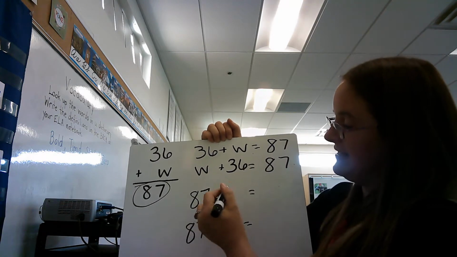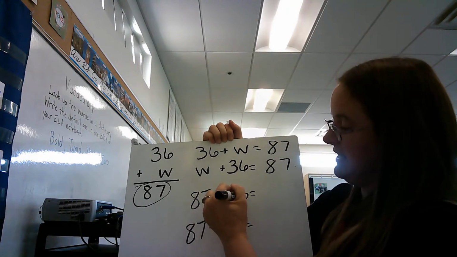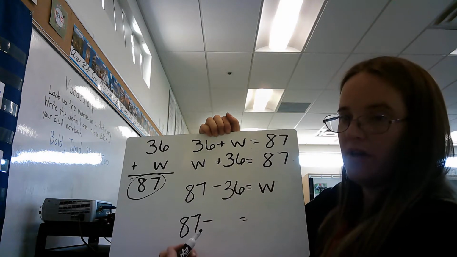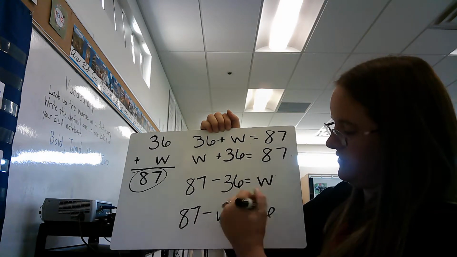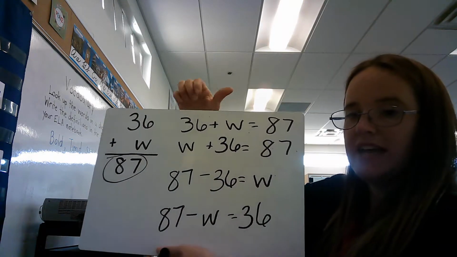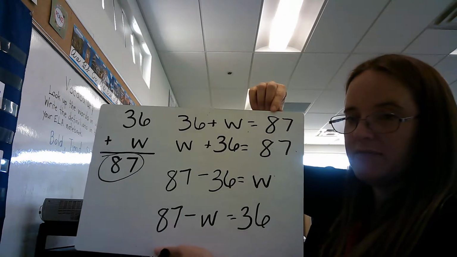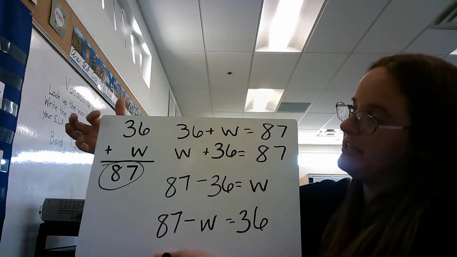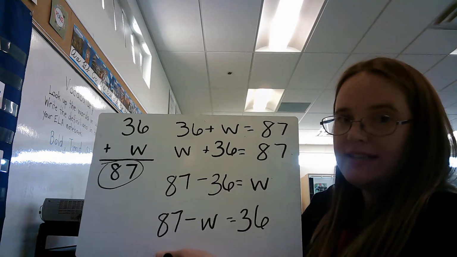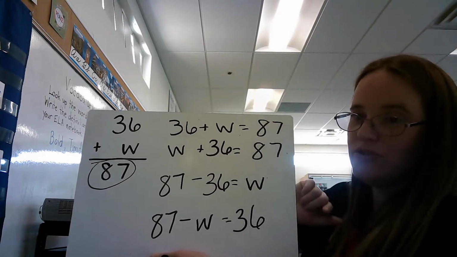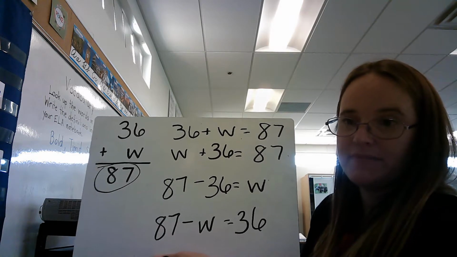I can say 87 minus 36 equals W, or I can say 87 minus W equals 36. Do you see how I used my knowledge of fact families to create a fact family with these three numbers? Even though I didn't know what W was, I can do that. I can write fact families.